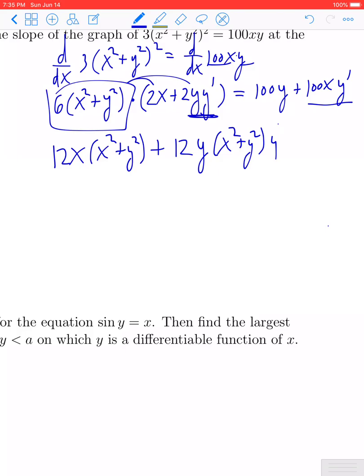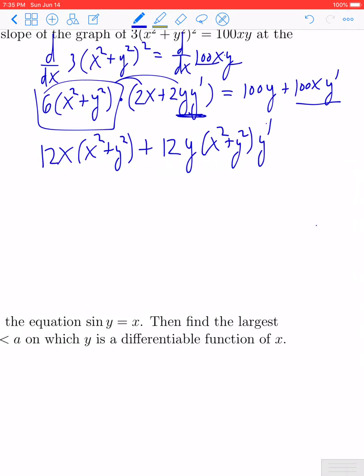I'll put the y prime at the end of it when we distribute it. And then this is equal to 100y plus 100x y prime.